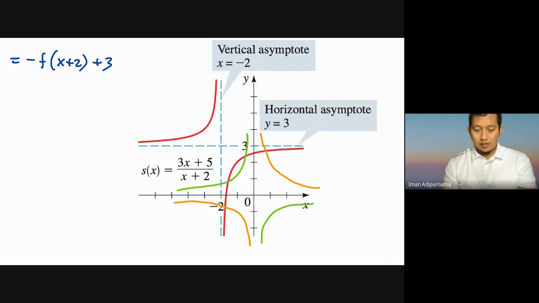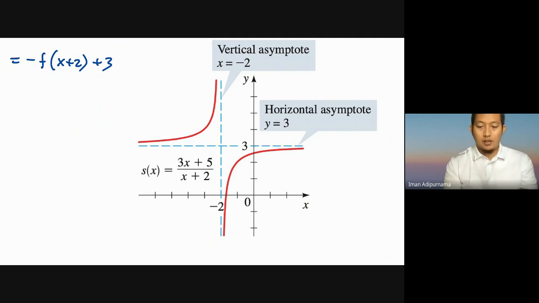And then we can move to the left first, becoming this negative 2 here, and then move upwards 3 units here. So this will be the center. And then let me clean all of that. And then here we have the graph.